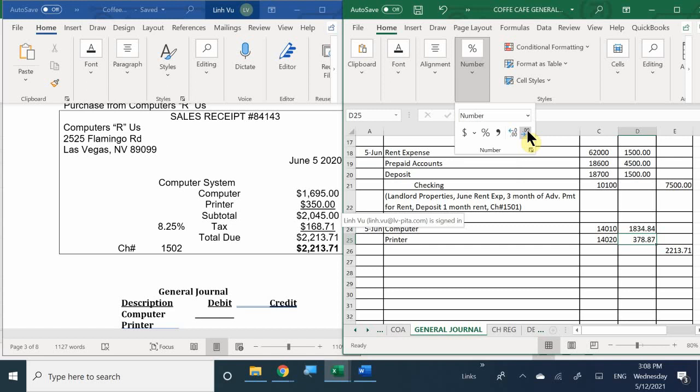I just noticed something. I was telling you that I did the price of the asset times the 1.0825 for both of those. But I just noticed now I have the equal sum in my credit column, which came up 2213.71.